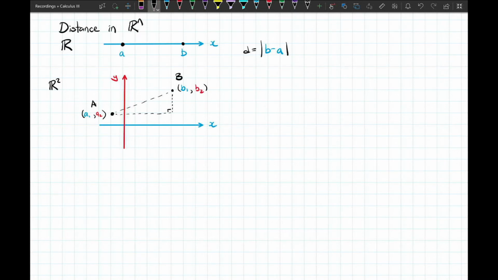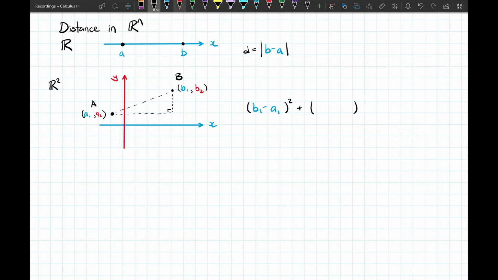As you probably guessed by using this right angle triangle I've drawn here, we need to use Pythagorean theorem. We need to take the horizontal distance squared and the vertical distance squared, add those together, and square root. The good news is that b1 minus a1, whether it's positive or negative, doesn't really matter because we're going to be squaring it anyways.